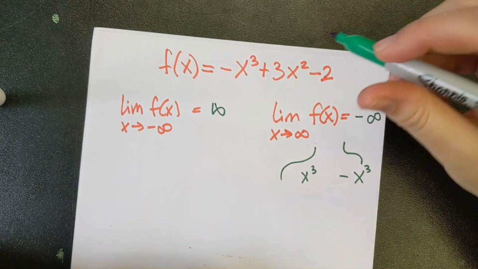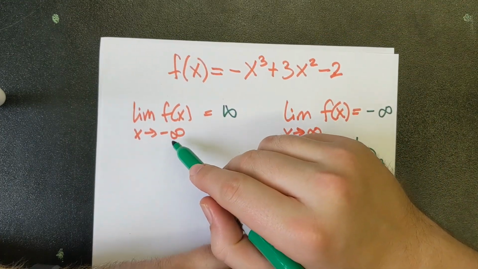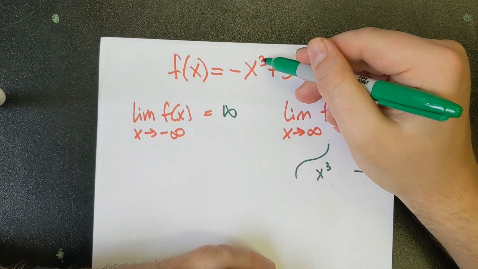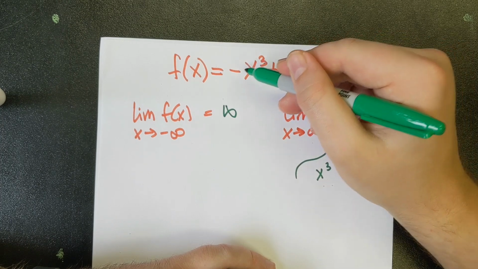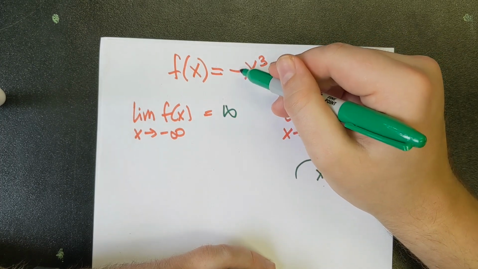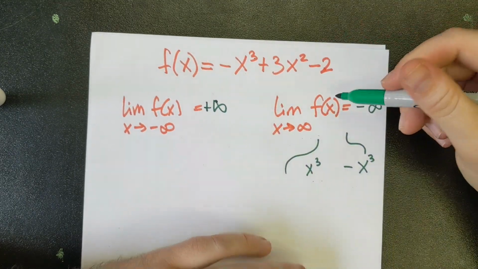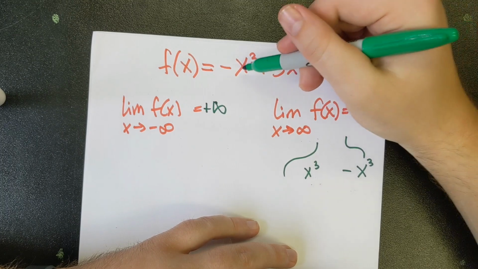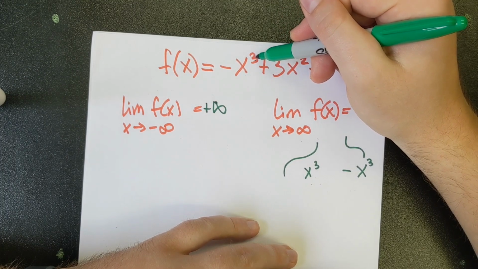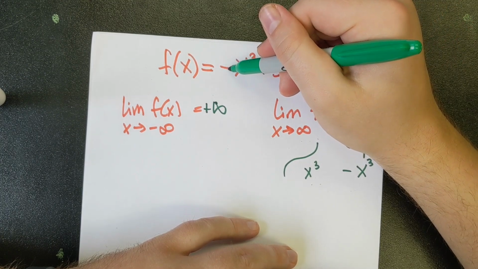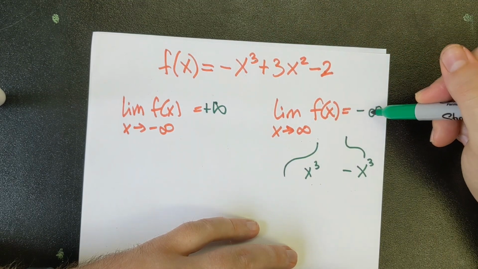Another way to think about it is if I plug in a really big negative number and I cube it, it's still really negative. But then I take the negative of that, making it positive. That's why this is positive infinity. Whereas if I plug in a really big positive number and I cube it, really big positive still, but then I take it negative, I'm making it a really big negative number.